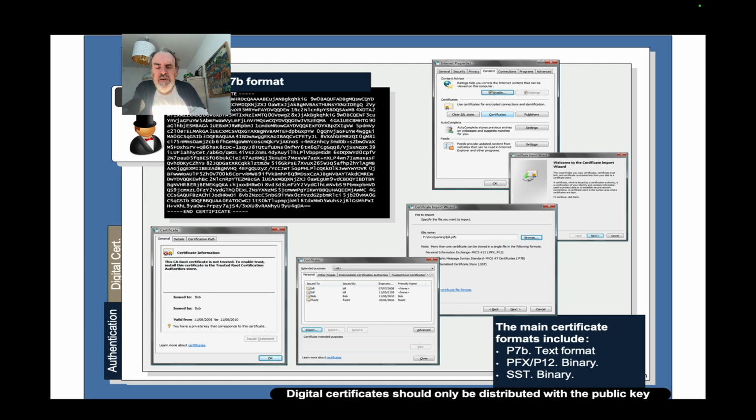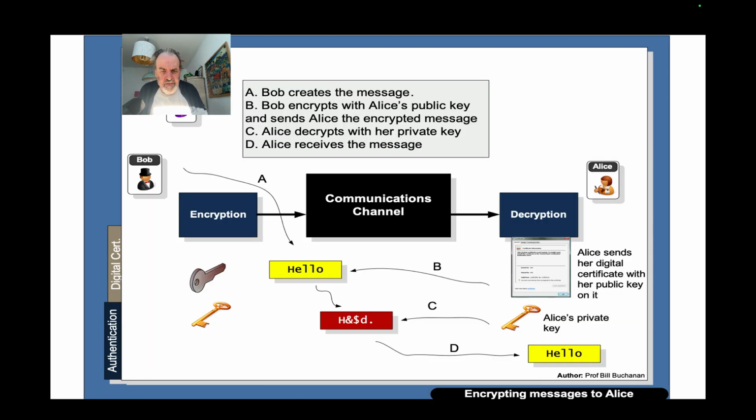There are various formats that we have with this, such as text formats using P7B format, or we can have binary files, PFX, P12, and these allow us to apply a password. Okay, so if we just go through the basic process of encrypting, Alice will send over her public key.